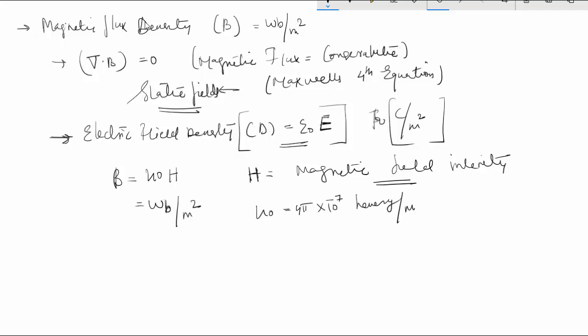If phi is the magnetic flux, the flux through any surface can be given as the surface integral of B dot ds.